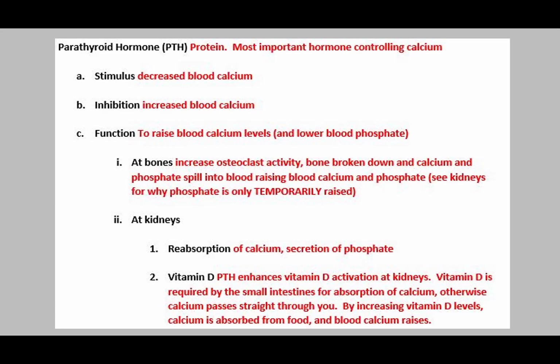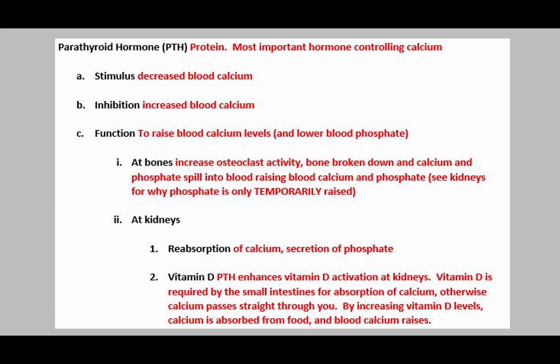So parathyroid hormone raises blood calcium, but it temporarily raises blood phosphate. Long term, it's going to lower blood phosphate because we're going to urinate it out.